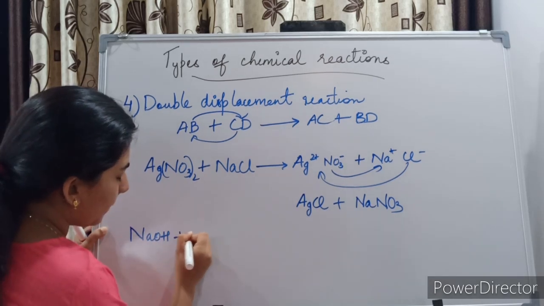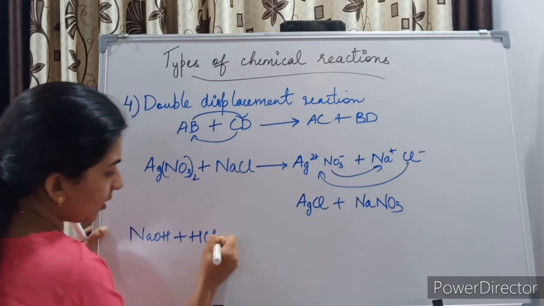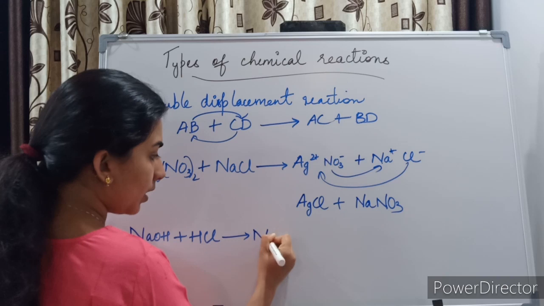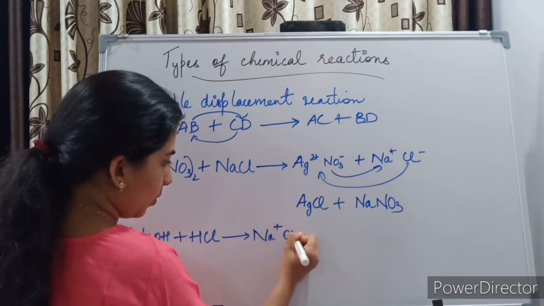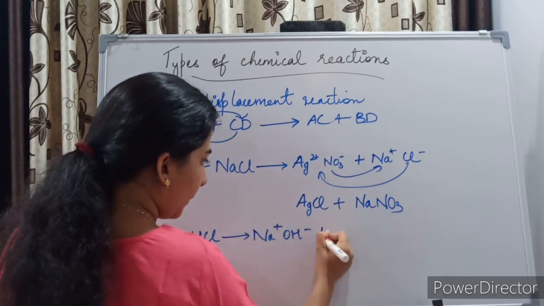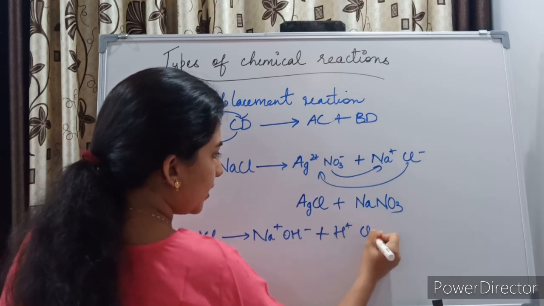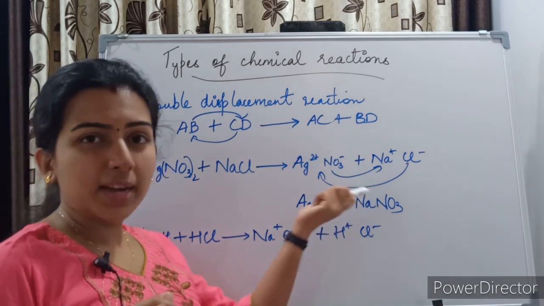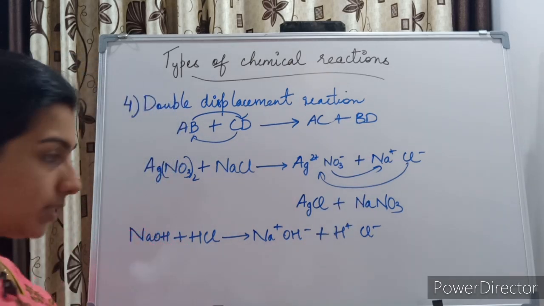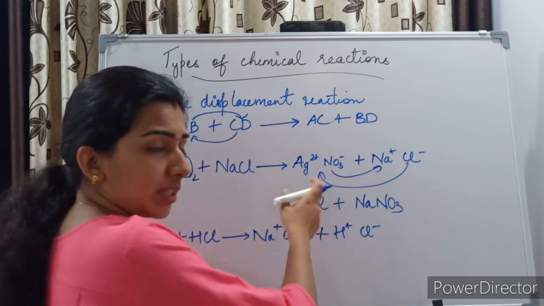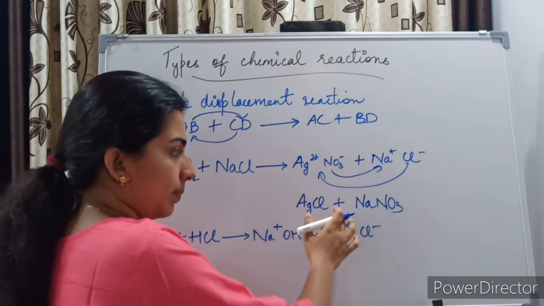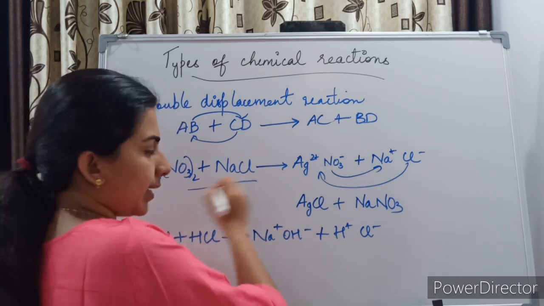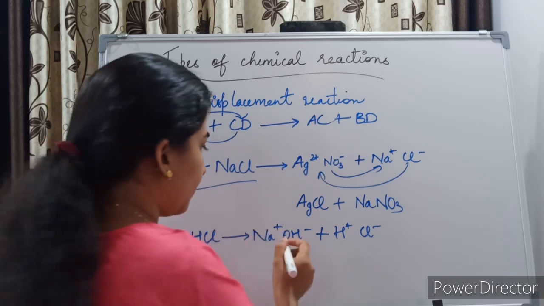NaOH plus HCl. Now writing them in their ionic form: Na+ and OH- plus H+ and Cl-. These are the ionic forms. In the first case I just exchanged anions. Now I am exchanging cations. Whether we exchange anions or cations, we will get the same, but exchanging both anions and cations will give the reactants only, so that is not correct.